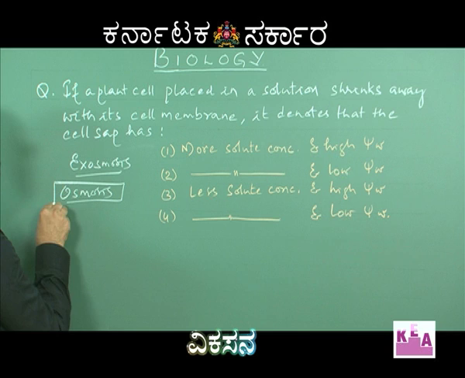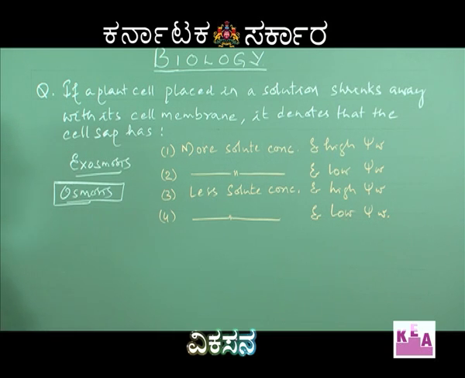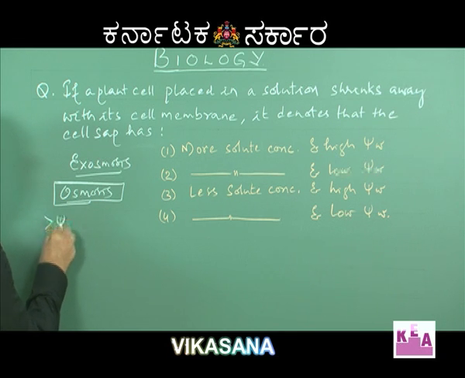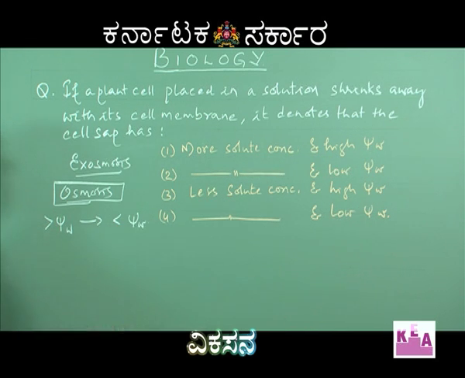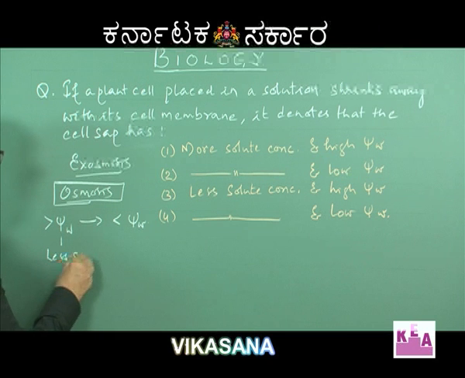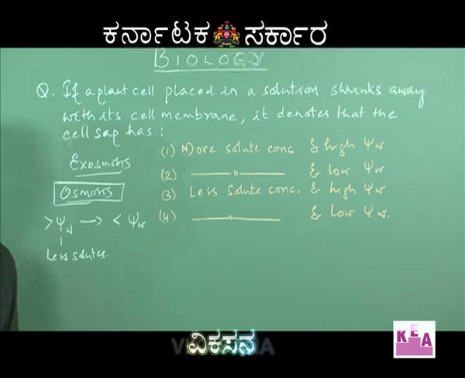And what is osmosis? Net movement of molecules of water from the region of higher water potential, that is greater water potential, to the region of lesser water potential. Higher water potential means less solutes. Maximum water potential is for pure solvent. By adding solute, potential is going to decrease.